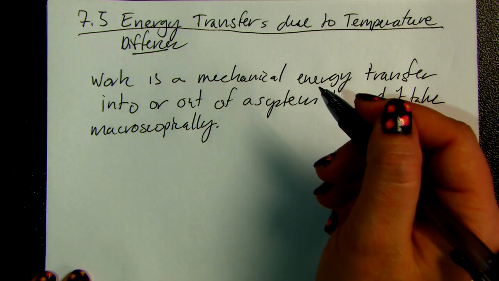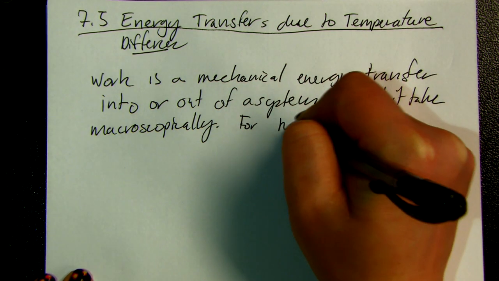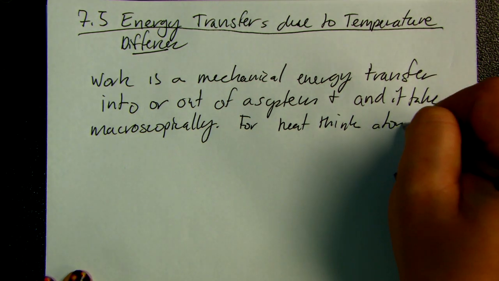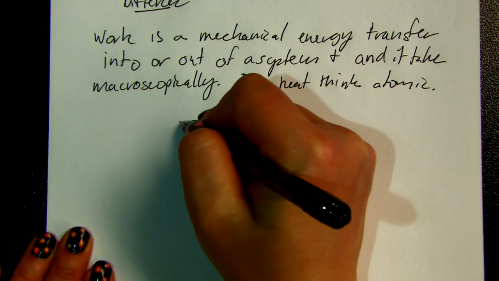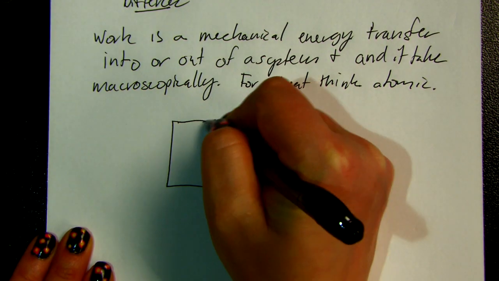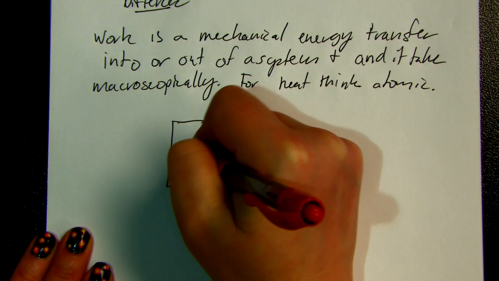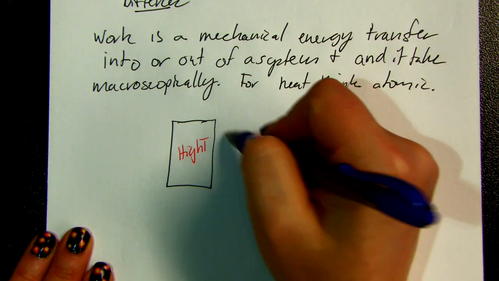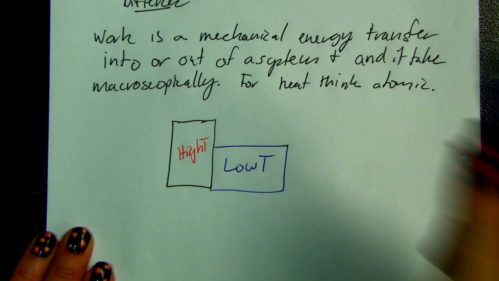All right, so for heat, think atomic. Let's say we've got our two blocks again. We've got a block here. It has a high temperature, and then we have a block here, and it has a low temperature.